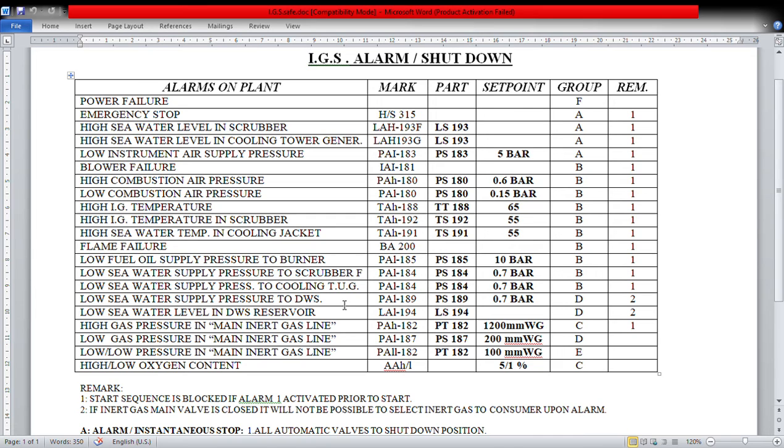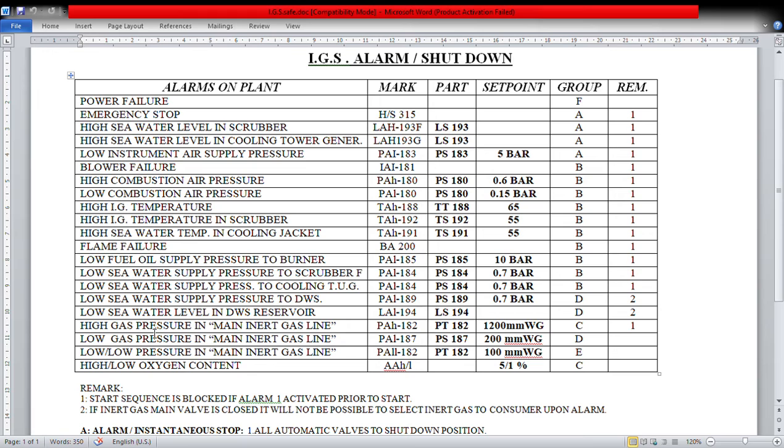Where we have an IG generator, supplying fuel oil, that is DO, and burning it in the generator and then passing it through the scrubber, there you will have this flame failure, which is important. So you have to be very decisive in pointing out the alarms. It's a generic list. Low fuel oil supply pressure to burner, low seawater supply pressure to scrubber, low seawater supply pressure to cooling.